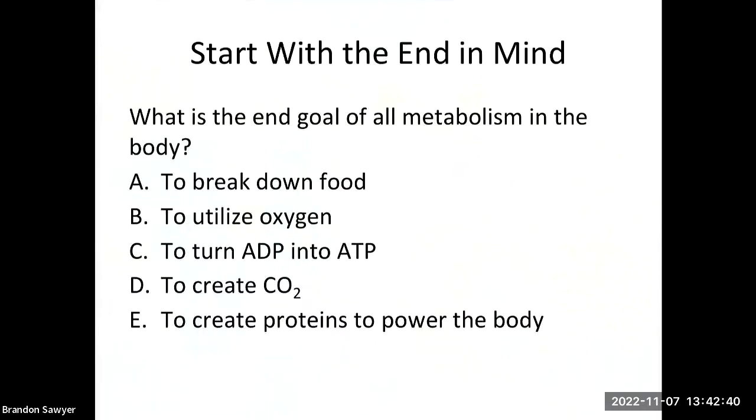Okay, but let's start out with this one here. Go ahead and just talk to the people on your team about this one, and make sure you're on the same page and send it in when you're ready.